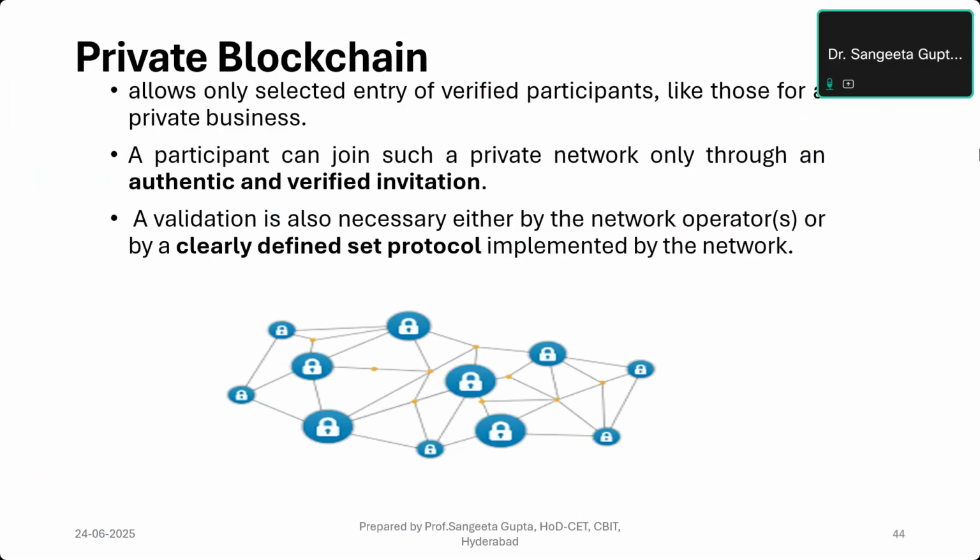It is just like a student needing to get their ID card verified to enter an institution or college premises. Similarly, a user to get connected to the private blockchain needs to get their identity verified. Also, permission is necessary either by the network operators or through a set of defined protocols as implemented by the network.